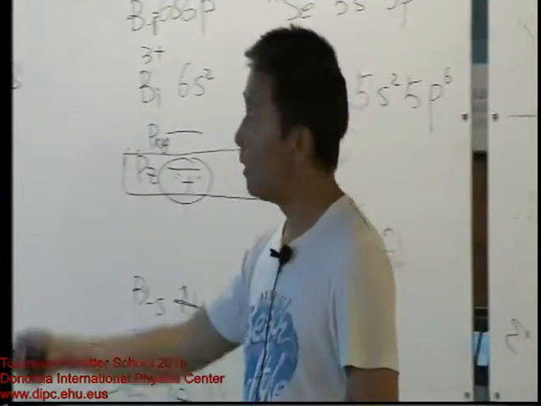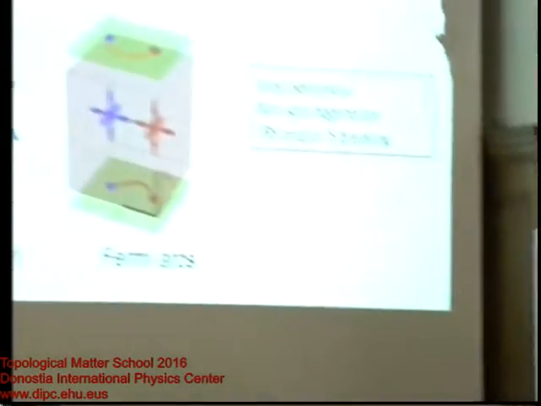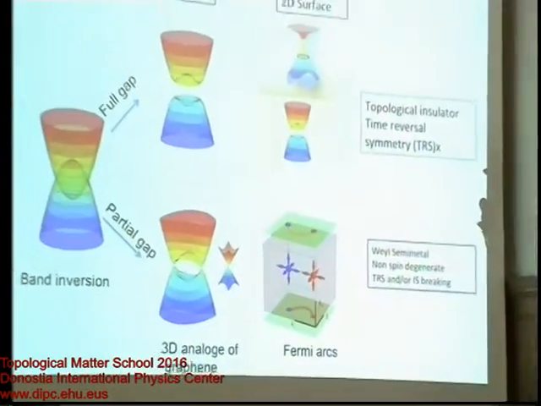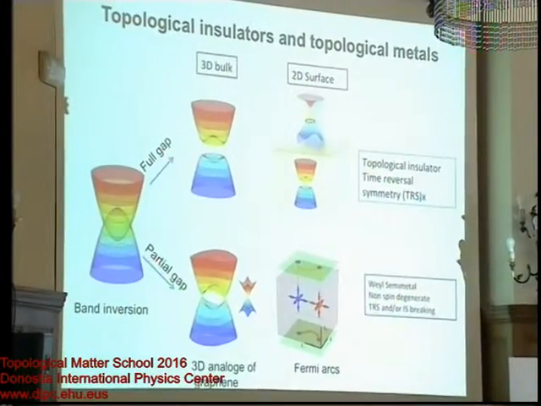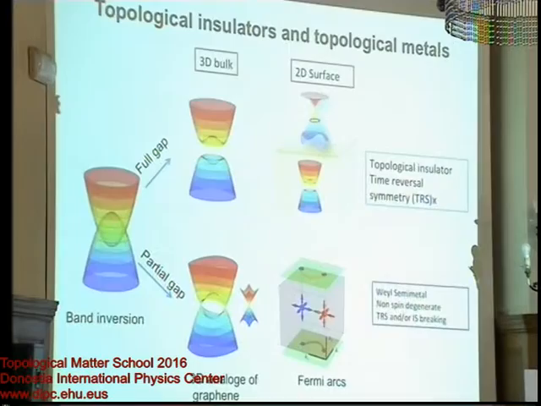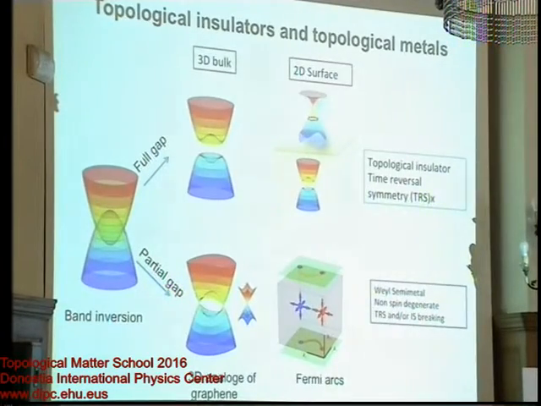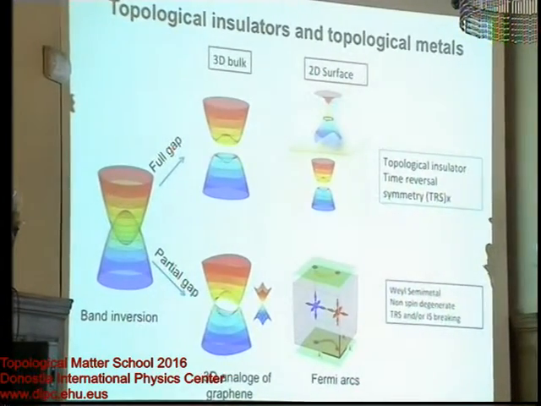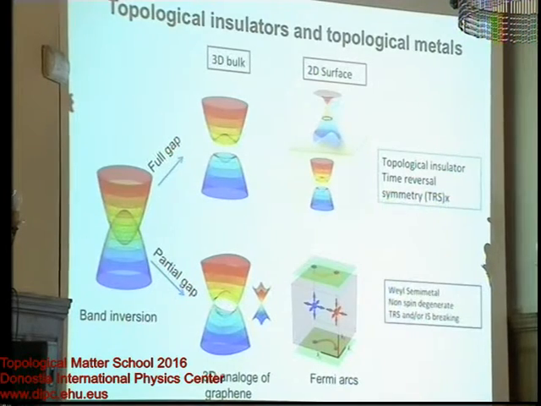If you break the inversion, the spin degeneracy will split, but this crossing point can usually survive. Then you will get a crossing point without spin degeneracy. This crossing point is simply called a Weyl point. Like one Dirac point splits into a pair of Weyl points. And these Weyl points have chirality, as you will learn later.